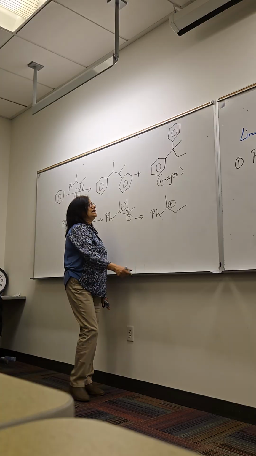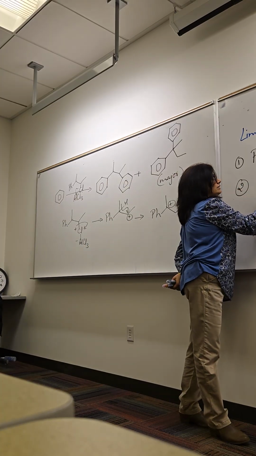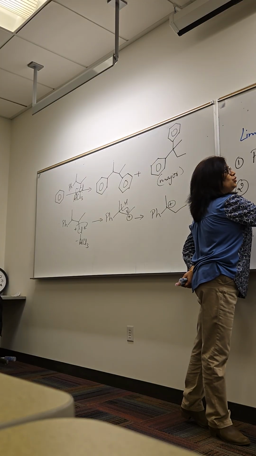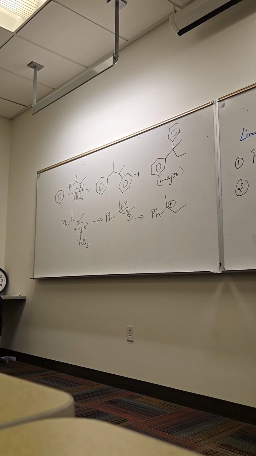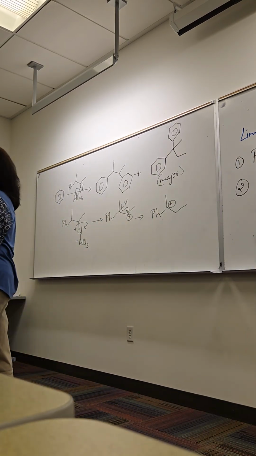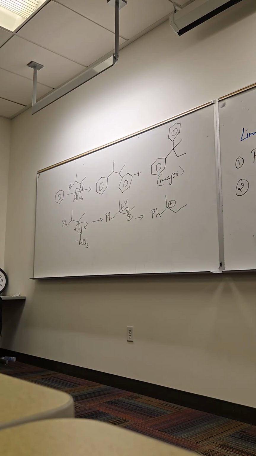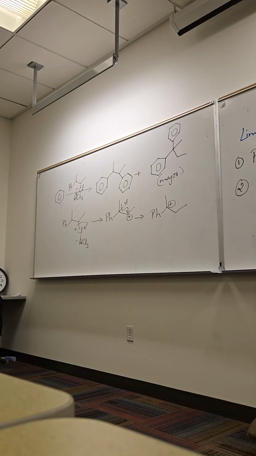The rearranged one, exactly. And that can be a limitation, because what if I don't want rearrangement? If I want rearrangement, then yay. But if I don't want it, that's a problem. So that is a limitation of this reaction: carbocations can rearrange.